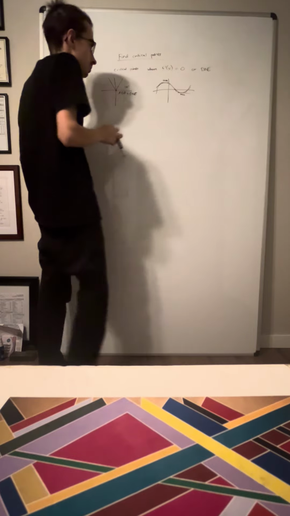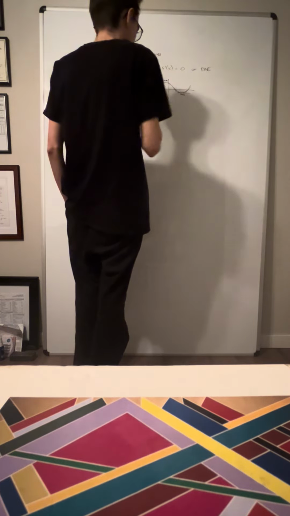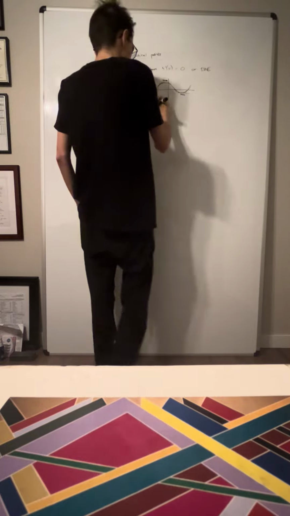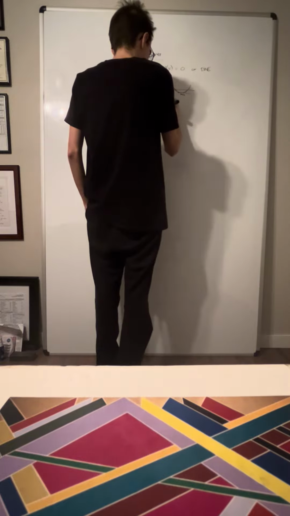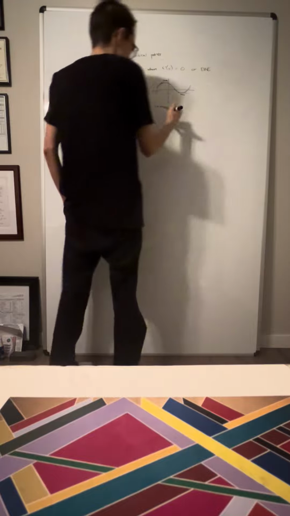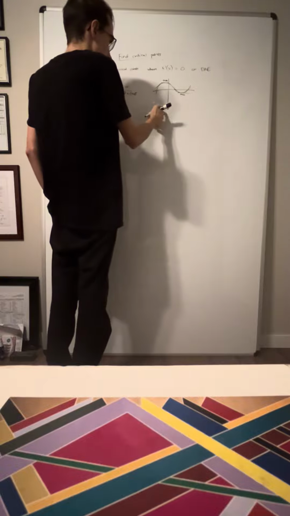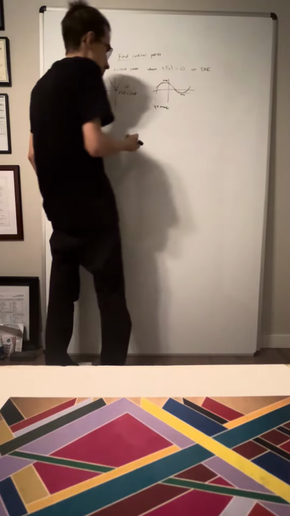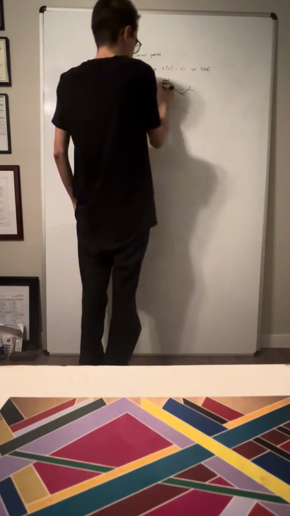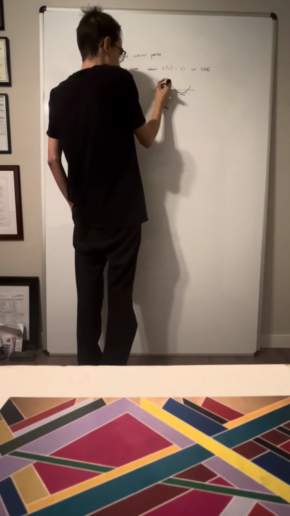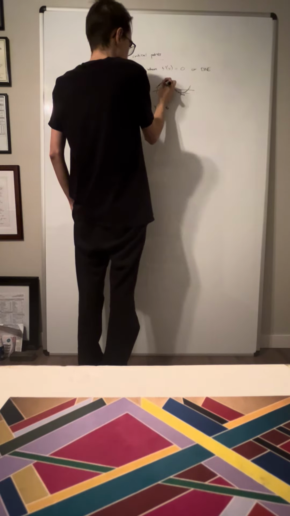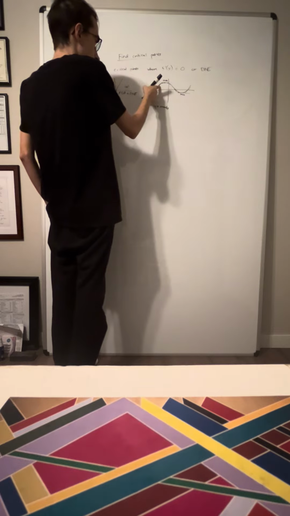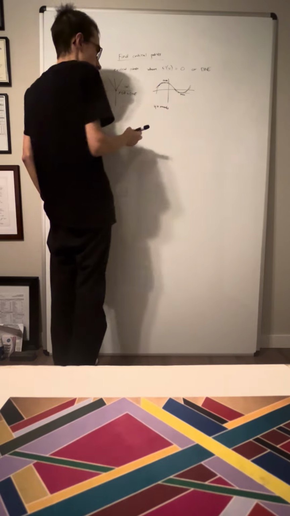So if we're thinking about the tangent lines here, each tangent line is in the form of y equals mx plus b, if you recall, because it's a line. And each tangent line here is going to be intersecting the graph, but also going through some particular point that we care about.